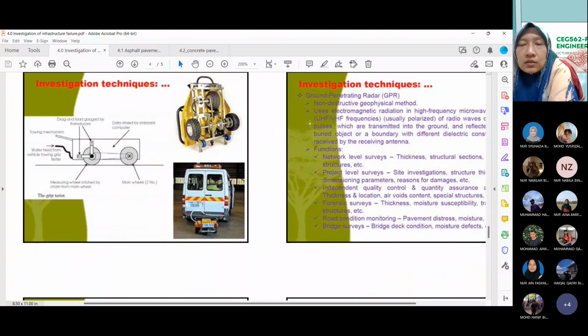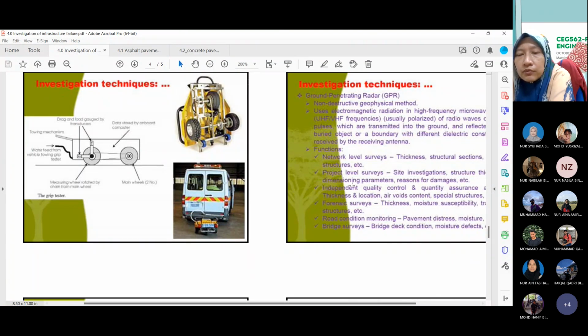So the newest, it's not new, but I think that GPR is a good technology for a non-destructive geophysical method where we need a wave to transmit from one point to another point.